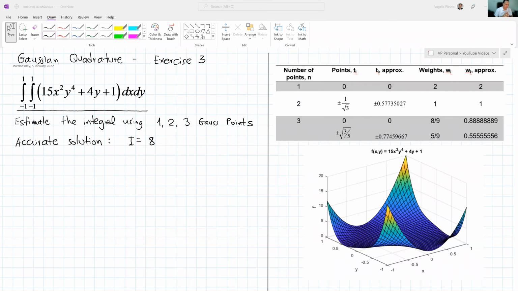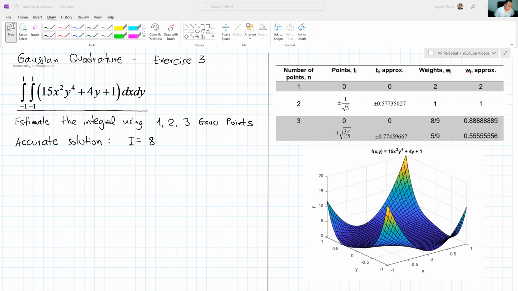Hello, everybody. Today we'll speak about Gaussian quadrature again, and we will solve the third exercise of this category, which is the integral that you see here.